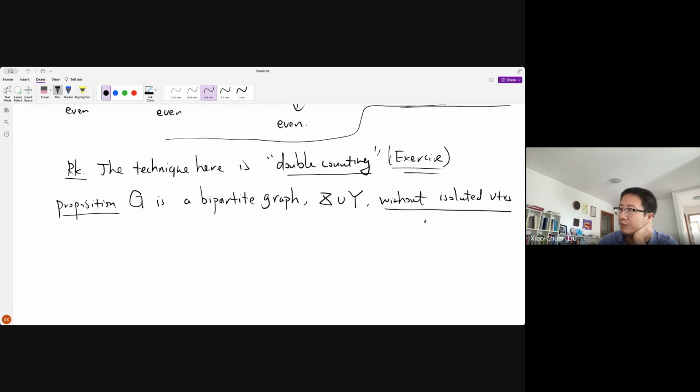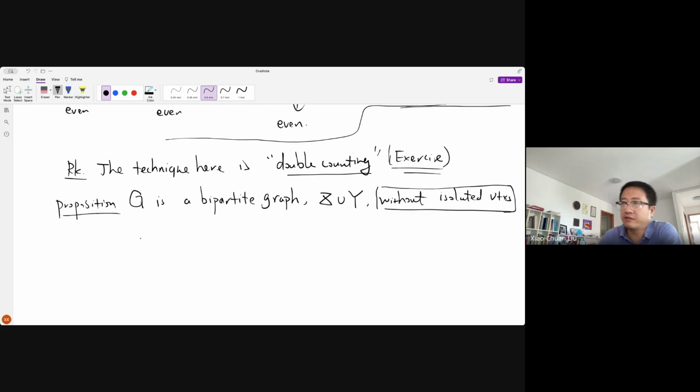If we have a vertex v and the degree is 0, then we call this vertex an isolated vertex. If you have a graph and here you have a vertex with no edge at all, you don't consider this vertex a part of the graph. So we make this mild assumption that G has no isolated vertices. There is no vertex with degree 0.